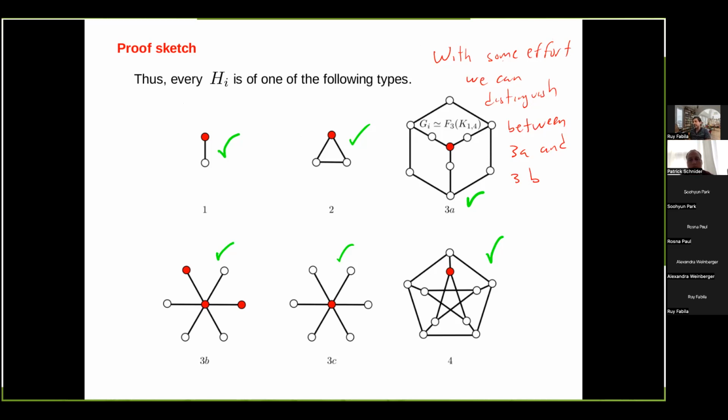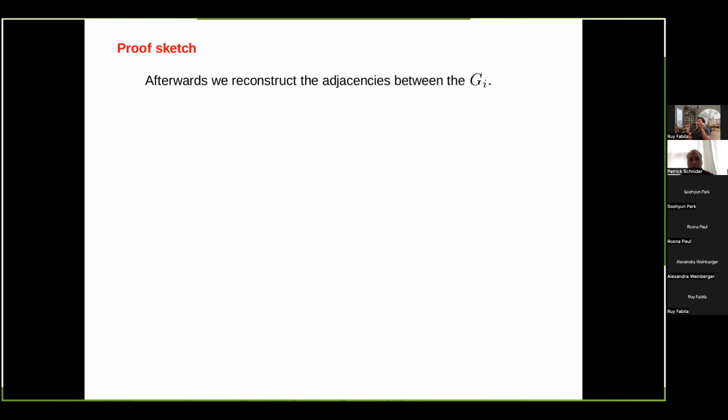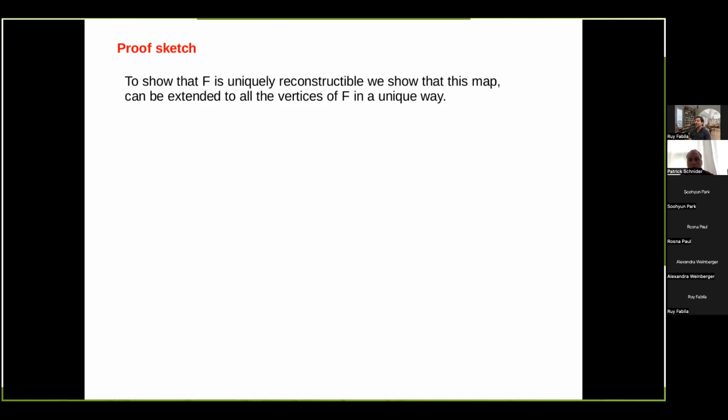Once you do that, you have pretty much reconstructed a large part of G. We only need to reconstruct the edges that go between the GIs. And it takes a lot of effort, but you can do it. After you do that, then you are happy because you have reconstructed a graph isomorphic to G.